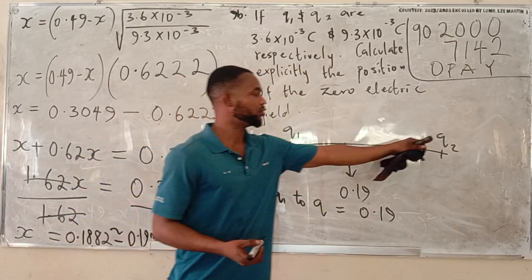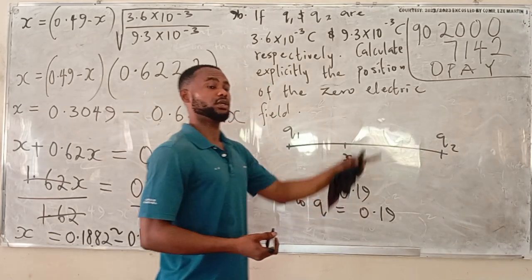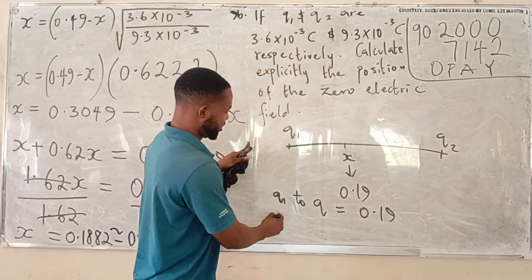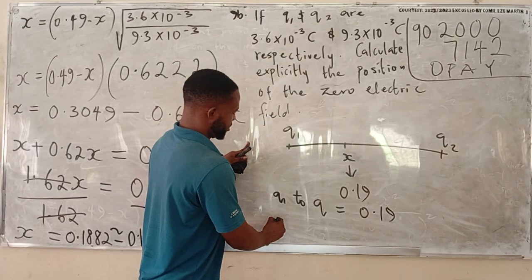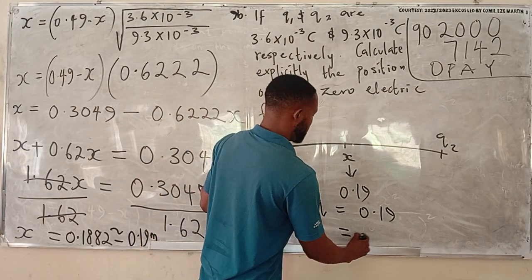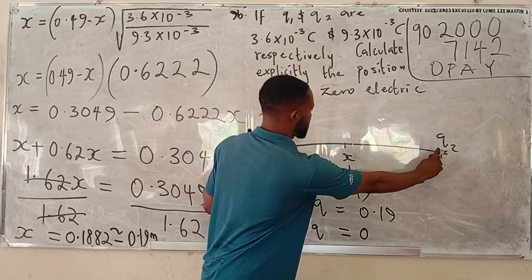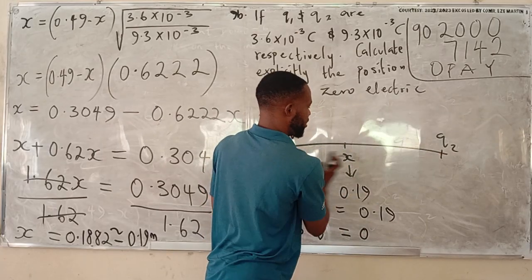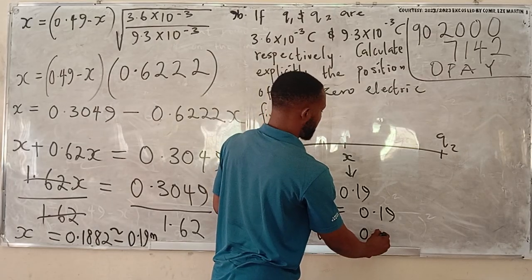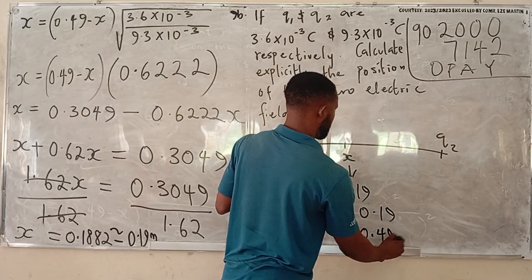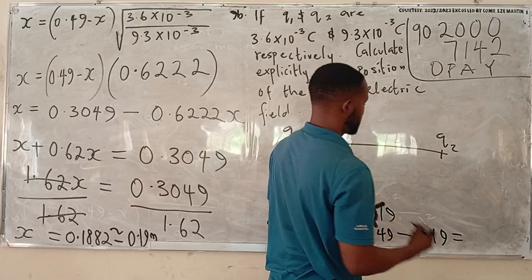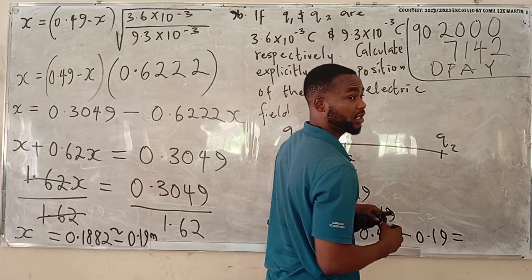Then Q2 to this position will simply be the whole measurement minus this part. So I have 0.49 minus 0.19. What was the answer? 0.3.